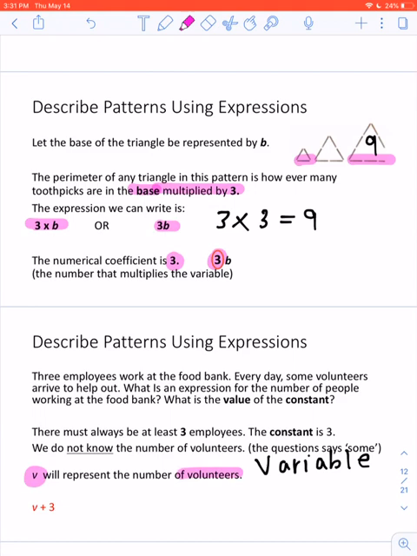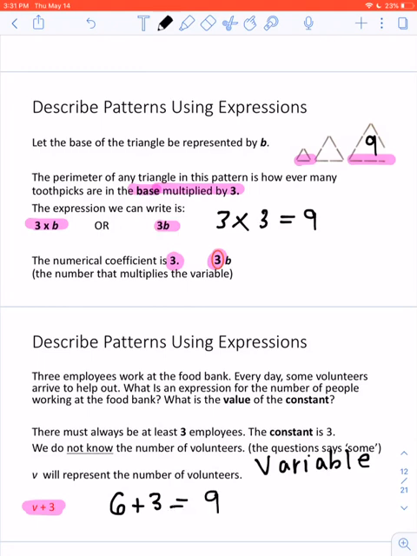So to write an expression for this, we are going to say V plus 3. So there's always going to be 3 people there plus some number of volunteers. So let's say, for example, one day that there's 6 volunteers. Well, we would say V is for volunteers, so 6 plus 3 equals 9. Well, there's 9 total people there.